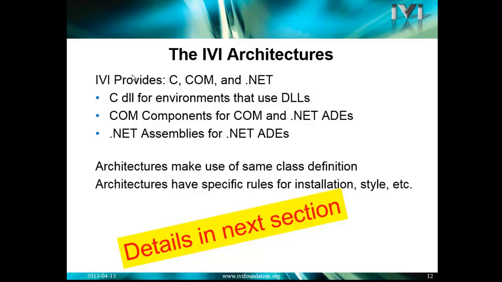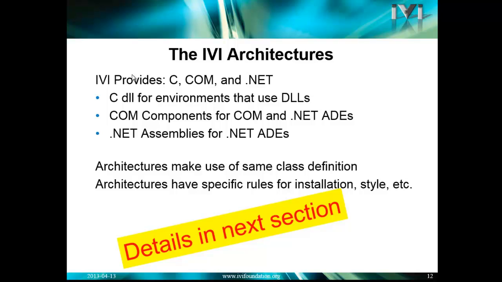The primary use we see for those is .NET development environments. And then finally, there's a set of standards around .NET, and these .NET assemblies are also primarily for .NET environments, but can be used by other tools that call .NET assemblies, and there's a few of those also. Turns out the COM architecture was done before the .NET architecture because that's just a technology that's been around a little bit longer.